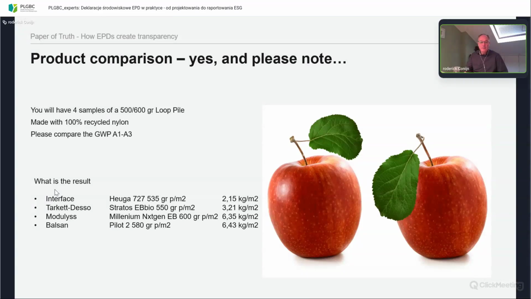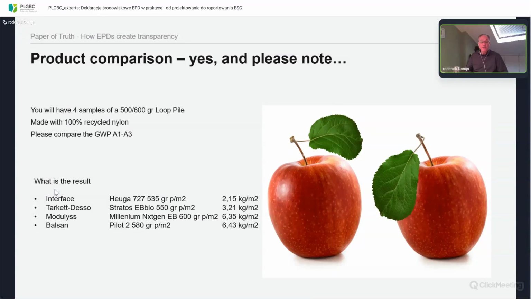So again, it will look almost the same, but if you are choosing products on their environmental impact and also using, for example, the amount of recycled and bio-based content, the 727 has over 90% recycled and bio-based content, and the Balzan product only has about 60% recycled content. So again, it can look almost the same, but from an environmental point of view, there is a huge difference between those products.